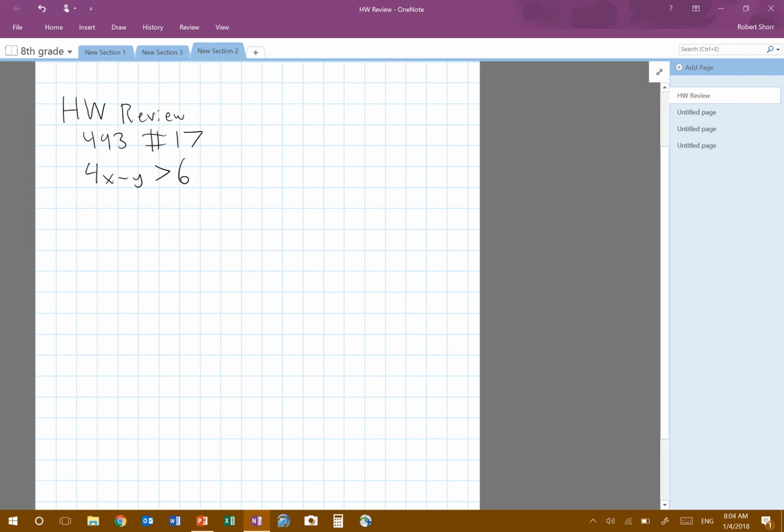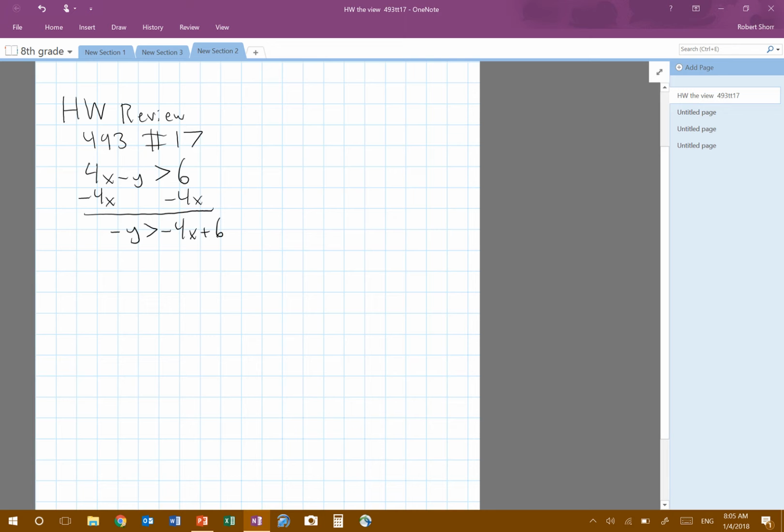In order to graph this, we know that we have to turn it into something that's y = mx + b. We learned yesterday, and we should know by now, the first step is always going to be to move the x term to the other side by addition or subtraction. So that becomes negative y is greater than negative 4x plus 6.